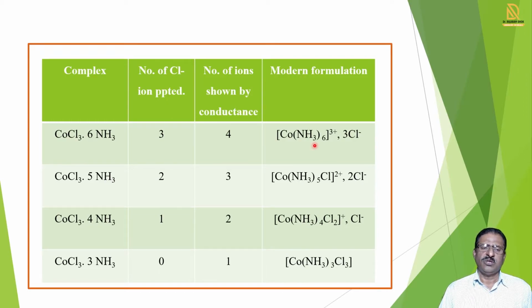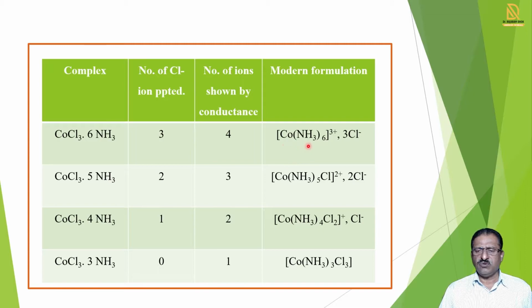And so this CoCl3 and 6NH3 satisfy both primary and secondary valency and form the [Co(NH3)6]Cl3 complex. This is Werner's coordination complex.